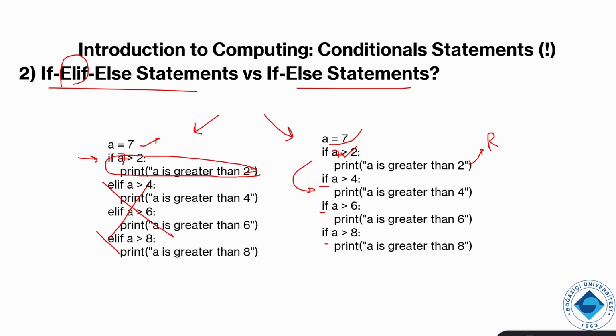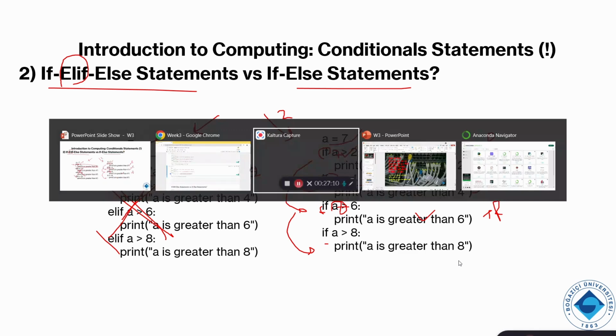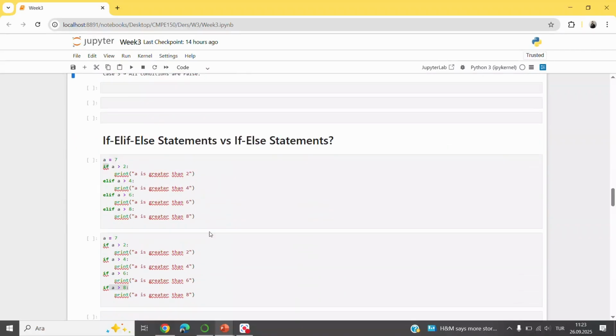In the first scenario, as it runs the if condition, it didn't check other conditions. But in the second scenario, as they are all if, it will check all of them step by step. So it will run that one also as it is correct. It will run that one also as it is correct. Let's go to Anaconda and see what will happen.